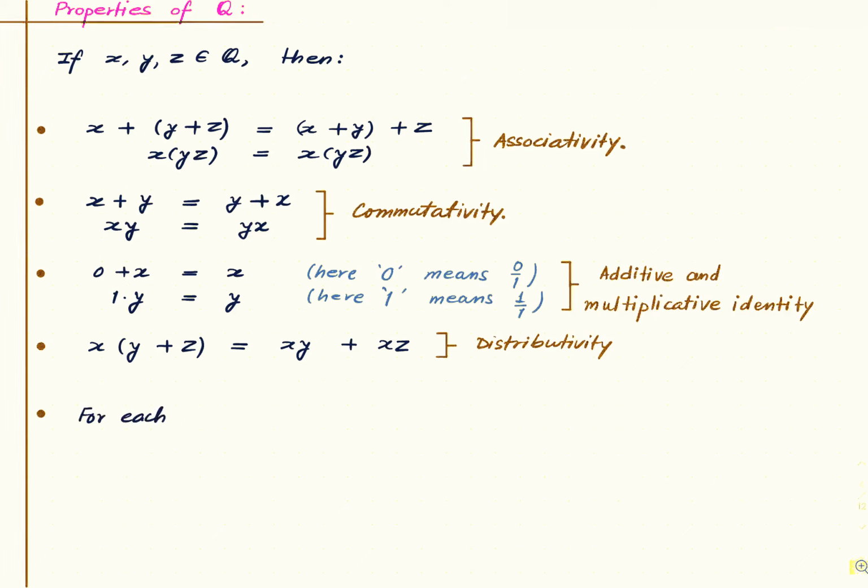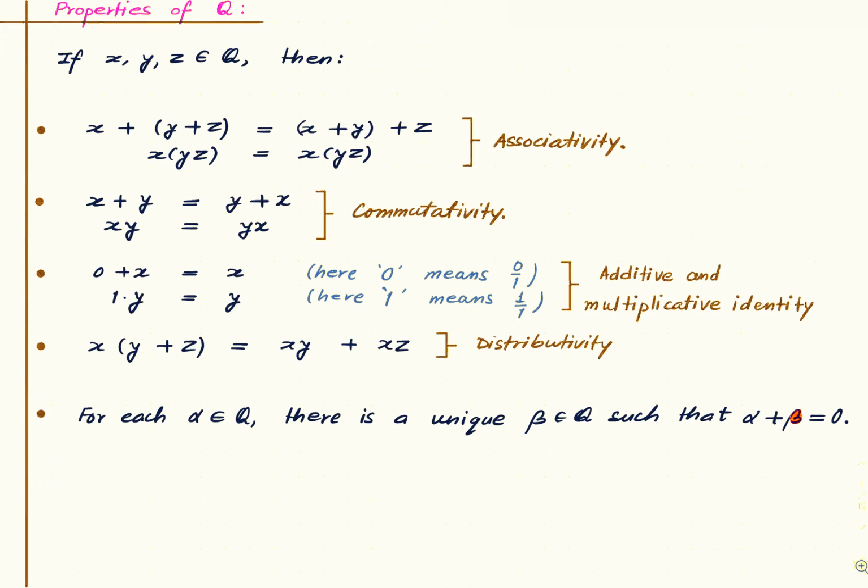So for each alpha in Q, there is a unique beta in Q such that alpha plus beta is 0. As we have already said, 0 means 0 by 1. Okay. And it is very easy to see that it exists.